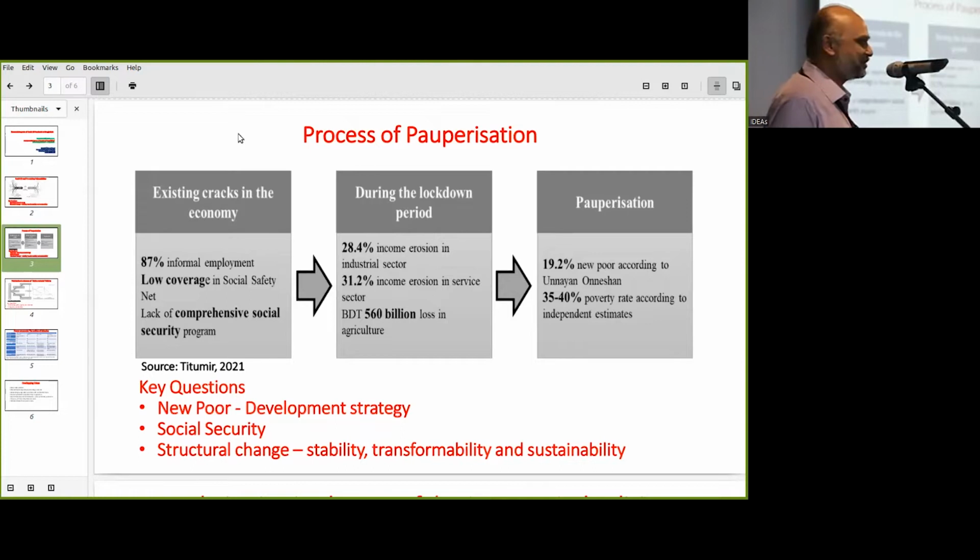So you could see this discussion keeps going on, and UNDP has recently come up with a paper where they are saying targeted cash transfer really helps. So how are we really going to talk about universal social security?